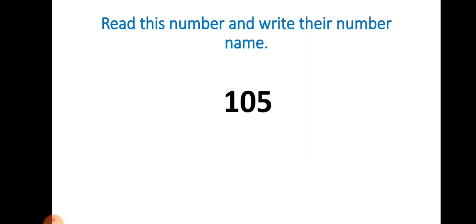So, let's divide this number in places. The last number 5 is in ones, 0 is in tens, and the first number 1 is in hundreds.